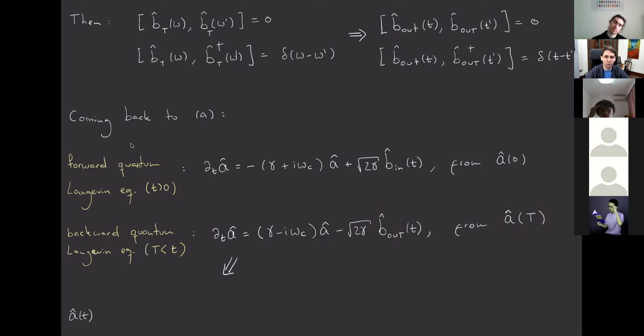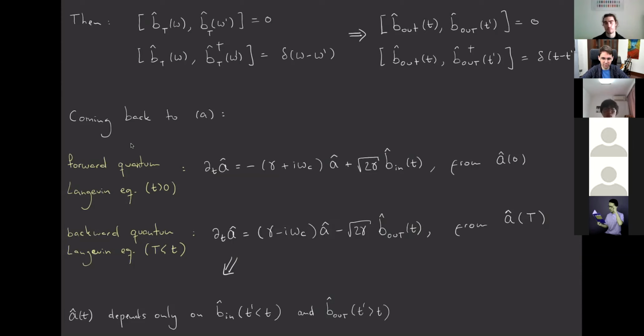according to the forward Langevin equation, depends only on the input operator for times smaller than t. Okay? And similarly, from the backward Langevin equation, it depends on the output operator for times in the future of t.